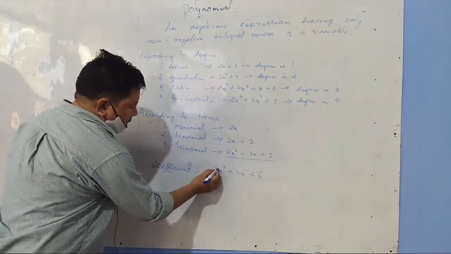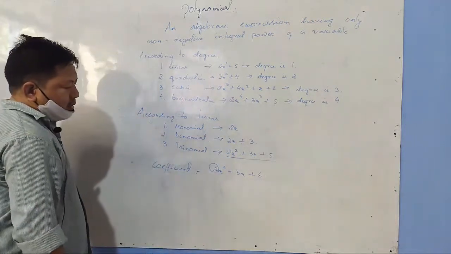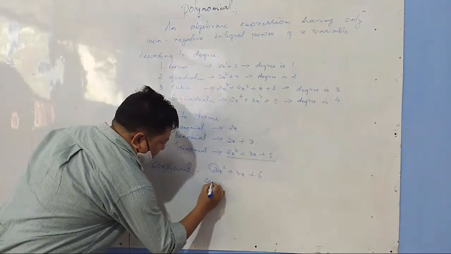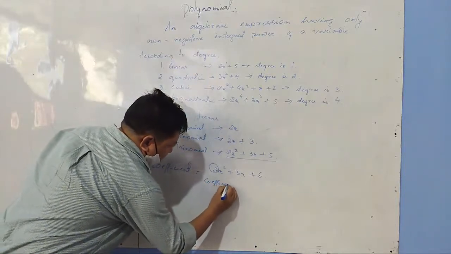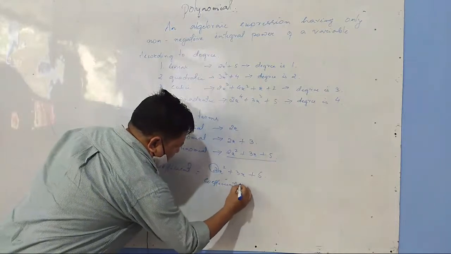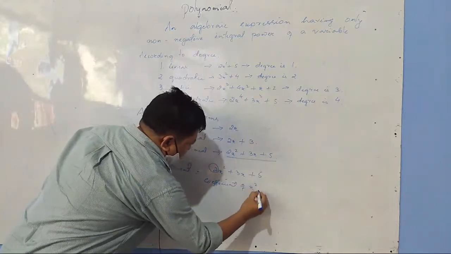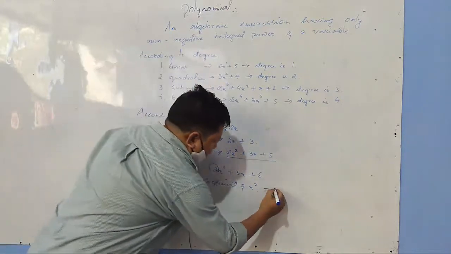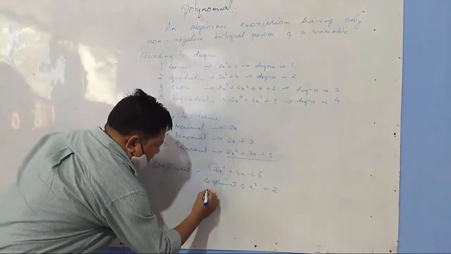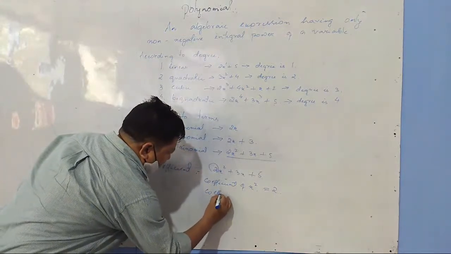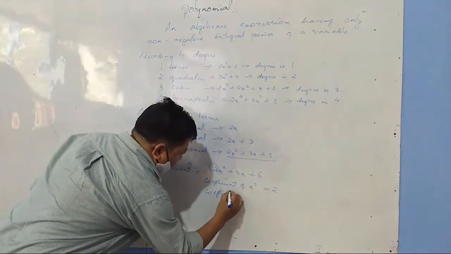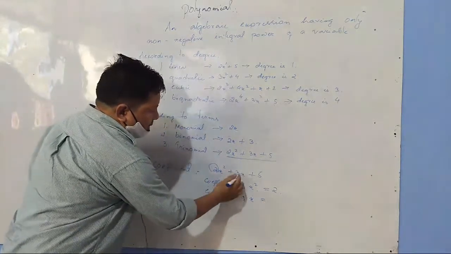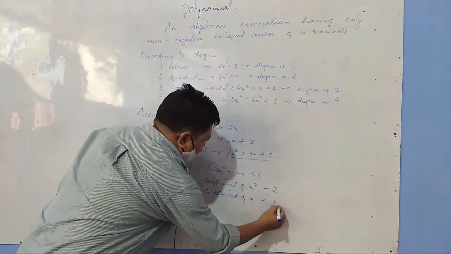This is known as the coefficient. Like you will say the coefficient of x square will be the prefix, it will be 2. And let's say the coefficient of x will be 3.